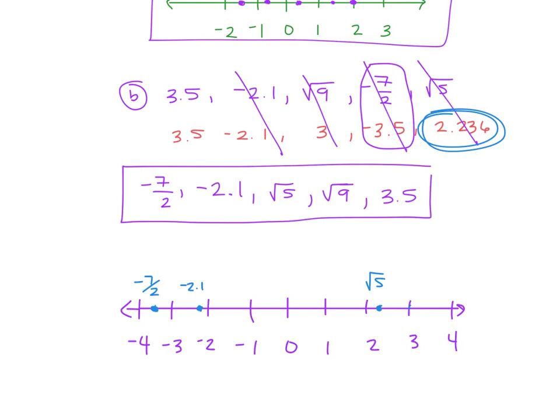Then we have the square root of 9, which is 3. We like those whole numbers. Oops, I wrote square root of 3 instead of the square root of 9. Sorry. And then last one, 3.5 would be right here. Okay? Questions on that?